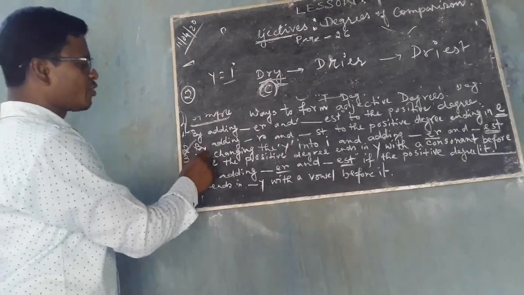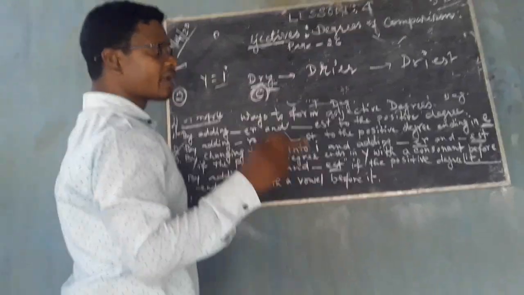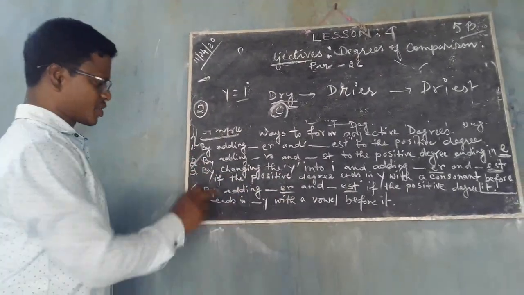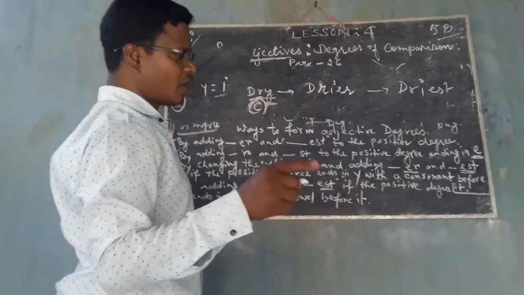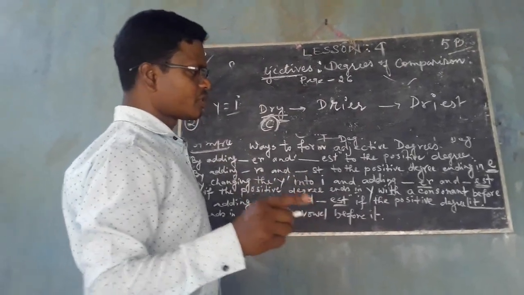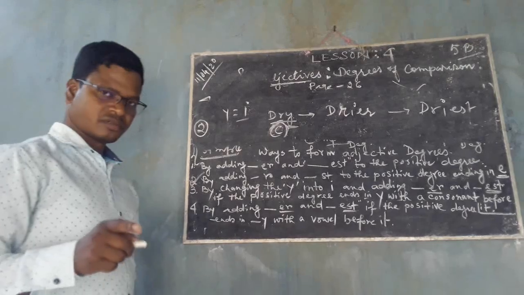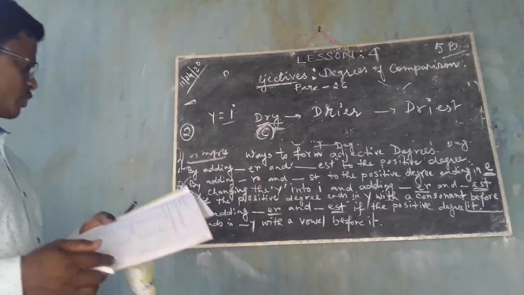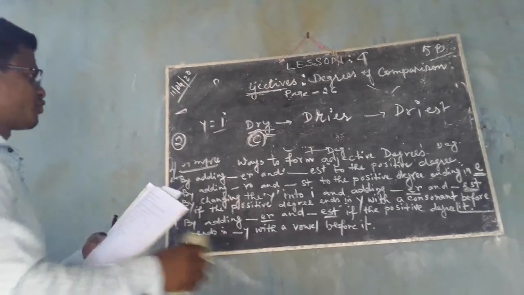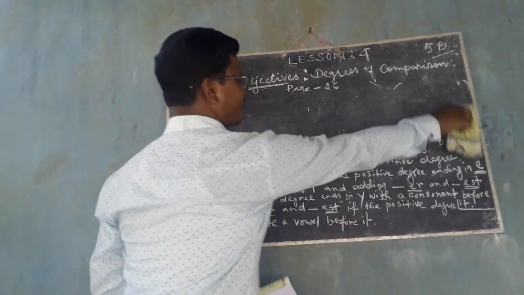Once more, you see the rule: by changing the y into i and adding er or est, if the positive degree ends in y with a consonant before it. Remember that. So that was the third type of rule. We'll see the fourth one now.